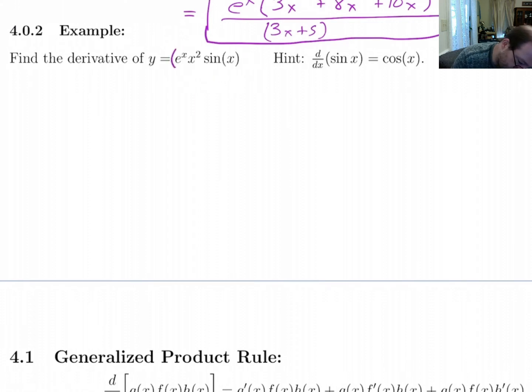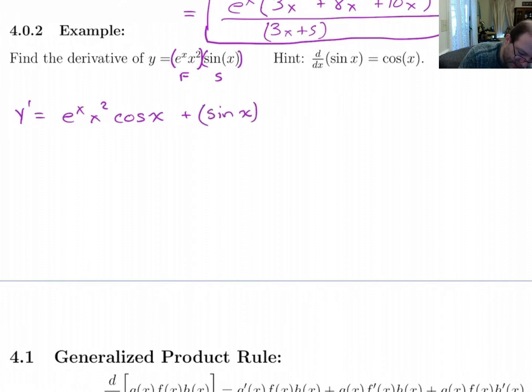So I think what I want to do is split it up like this. So this is my first, and this is my second function. So my derivative, y prime, is going to be first times derivative of the second plus second times derivative of the first.